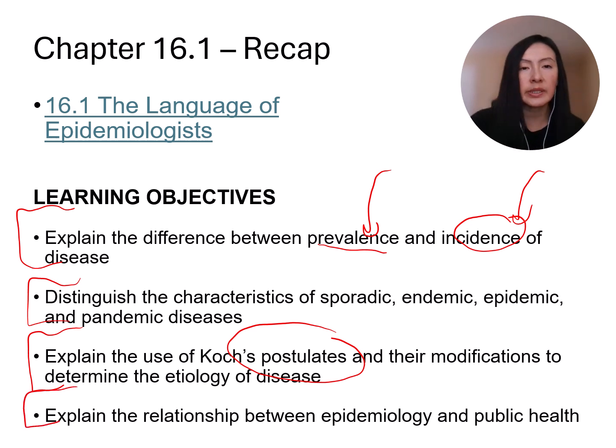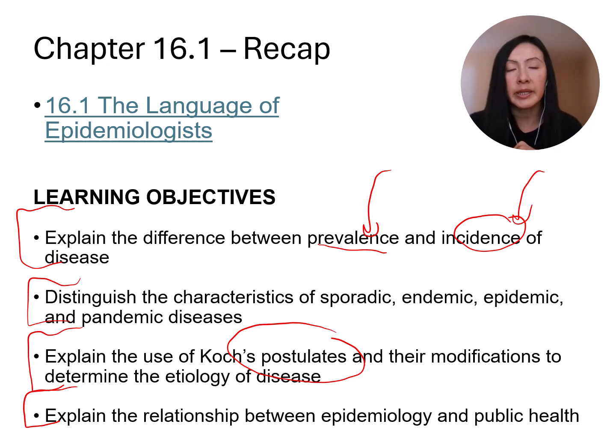Finally, our last one, explain the relationship between epidemiology and public health. So epidemiology studies the occurrence, distribution, and transmission of diseases within populations. And findings from epidemiological research inform public health decisions, such as identifying outbreaks, tracing sources, and planning prevention strategies.